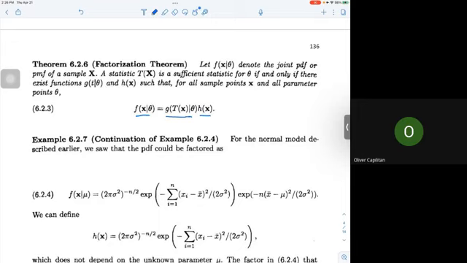In our theorem here, we have the assumption that a statistic T of X is a sufficient statistic if and only if there exists a function. Rather, we have a biconditional statement here.